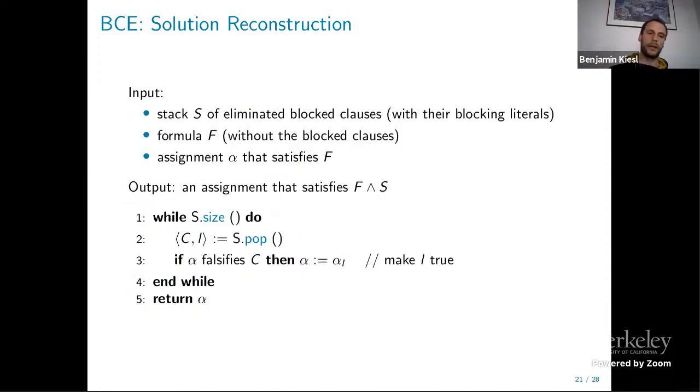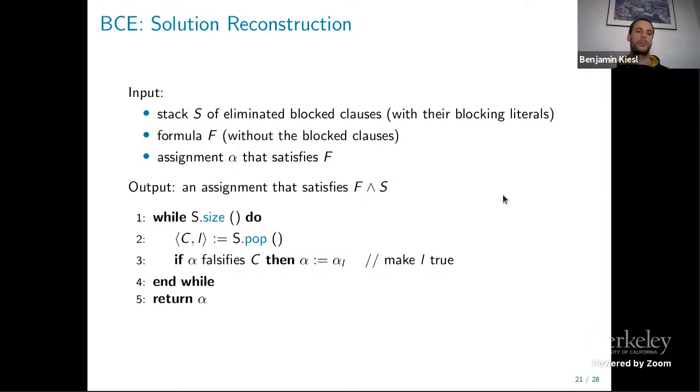Now, one more thing, I said that it's not always the same assignments that satisfy the formula before and after preprocessing. So there's a technique for solution reconstruction, and this is very straightforward. Actually, linear, as you can see, at least this while loop over the stack of eliminated blocked clauses.